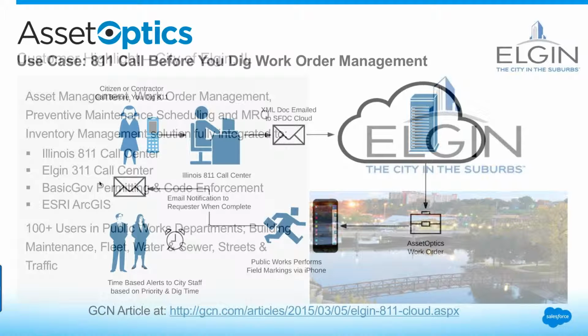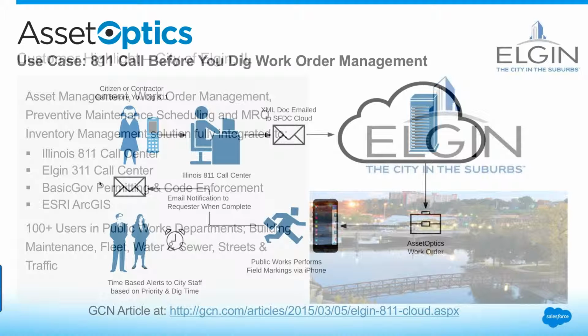The state of Illinois' 811 call center is a different technology stack. We're also fully integrated with a native Force.com permitting and code enforcement system from a partner called BasicGov, as well as assets are integrated and can be displayed through Esri ArcGIS, and there's bidirectional data synchronization and updates.